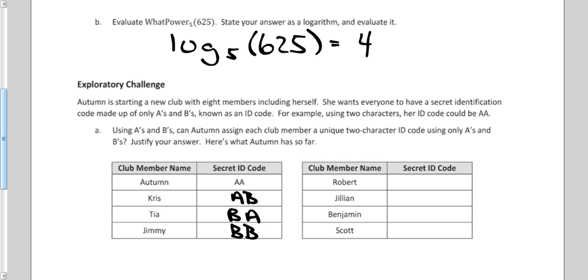Let's start with 1 and see if that works. And then if it doesn't work, we can move on to 2, right? That's a fair thing, right? So now, let's do this. Here's a nice little idea. Let's do Robert, AA, Jillian, AB, Tia, BA, Ben, BA, and Scott, BB.